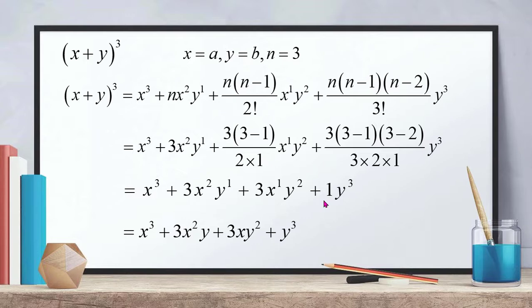In completing it, we can write it as x cubed plus 3x squared y plus 3xy squared plus y cubed. The 1 there has disappeared because it doesn't change anything, and 1 multiplied by anything simply remains that.